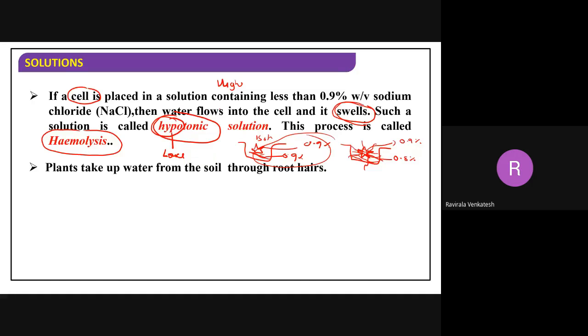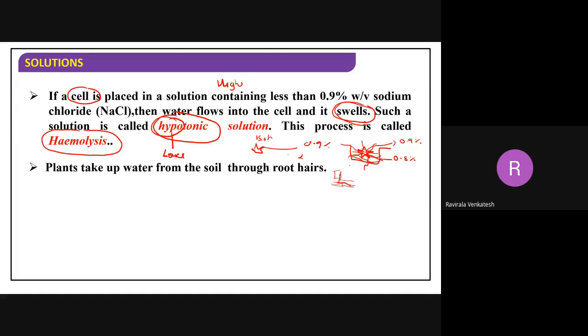Now we take one more application. Plants take up water from the soil through what? Roots. Correct or not? If I take a plant here, it will take water from the earth through the root. This also exhibits osmosis only.